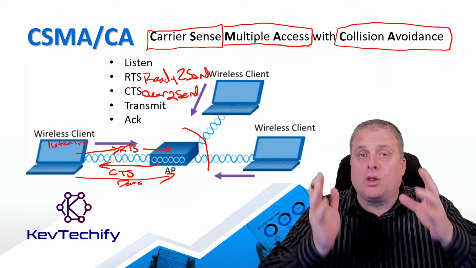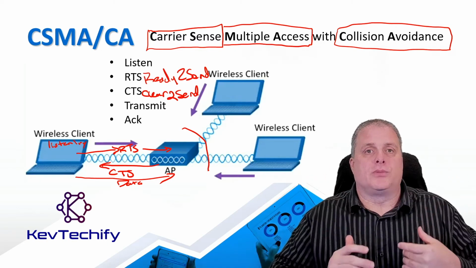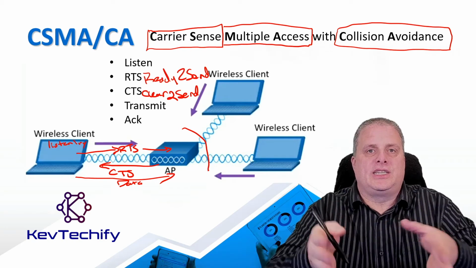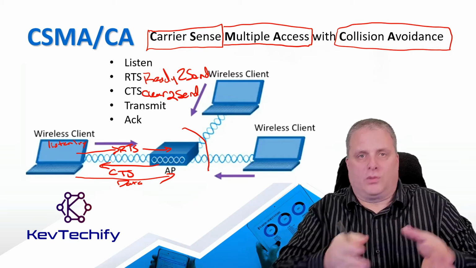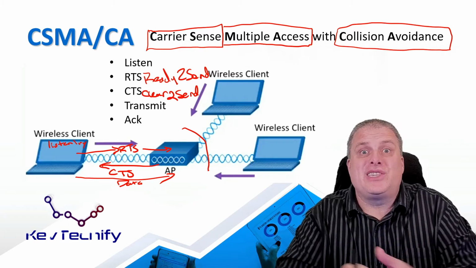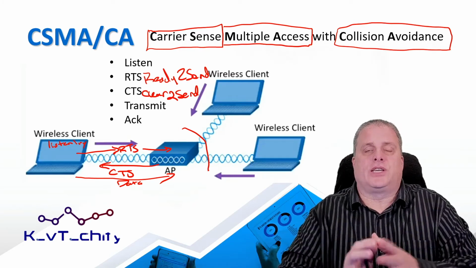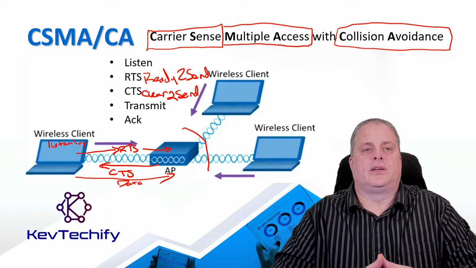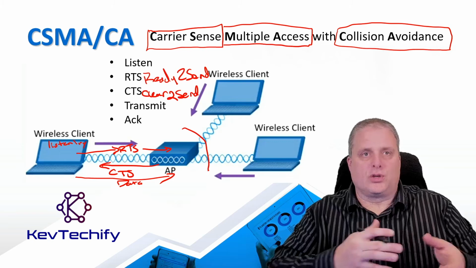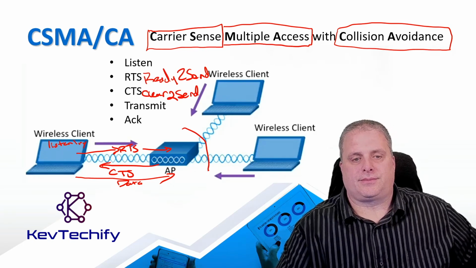So it's not a long time for us humans, but for computers, it's long enough to see, is there something happening? Yeah, we're going to sit here, wait a random amount of time. We're going to wait 23 milliseconds, 21 milliseconds, 12 milliseconds, whatever it is. And then we send another RTS, another request or ready to send. And we start this whole process over again.